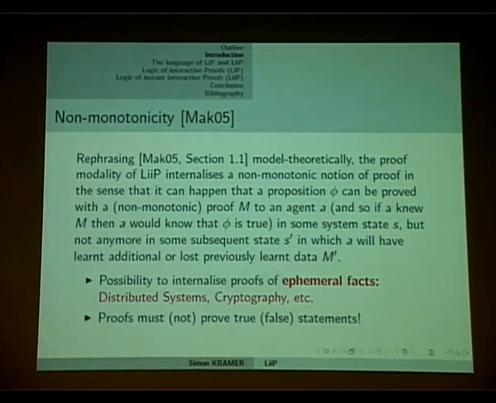No. Proofs must not prove false statements. Proofs must prove true statements. Proofs or proof techniques? Sorry? Do you actually mean proofs or proof techniques? No, proofs. Because then proof by contradiction, right? Does it go against it? No, because what if you want to prove not phi, for example? Well, not phi, you want to prove that not phi is true, right? So phi is false.